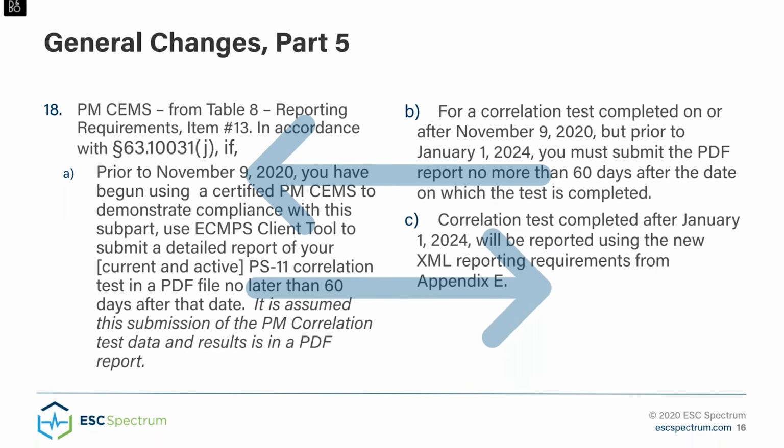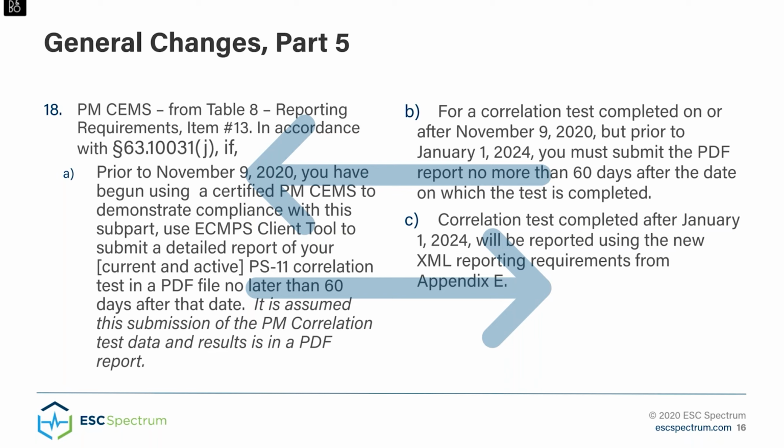Let's talk about PM CEMS. This is one area that I think people may have overlooked. Table 8, which is at the end of the regulations, is for reporting requirements, and Item 13 is about reporting of the certification-related data for PM CEMS systems.